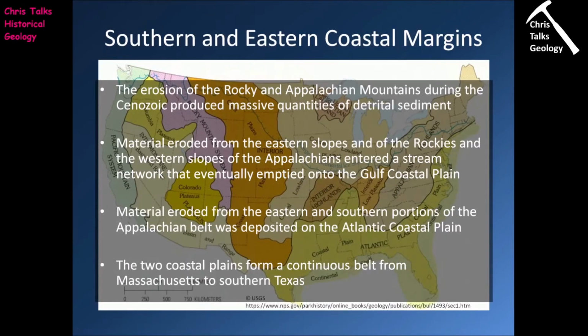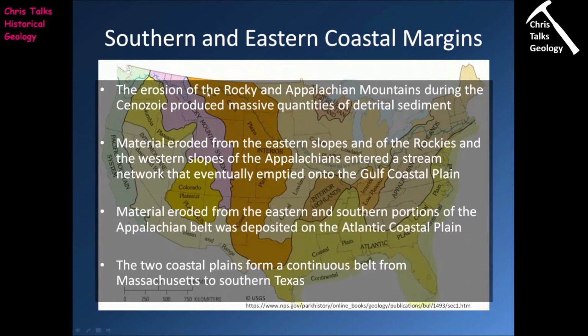So now let's think about the southern and eastern coastal margins of North America. The erosion of the Rocky Mountains and the Appalachian Mountains during the Cenozoic produced massive quantities of detrital sediment. Material that was eroded from the eastern slopes of the Rockies and the western slopes of the Appalachians entered a stream network that eventually emptied along the Gulf coastal plain.